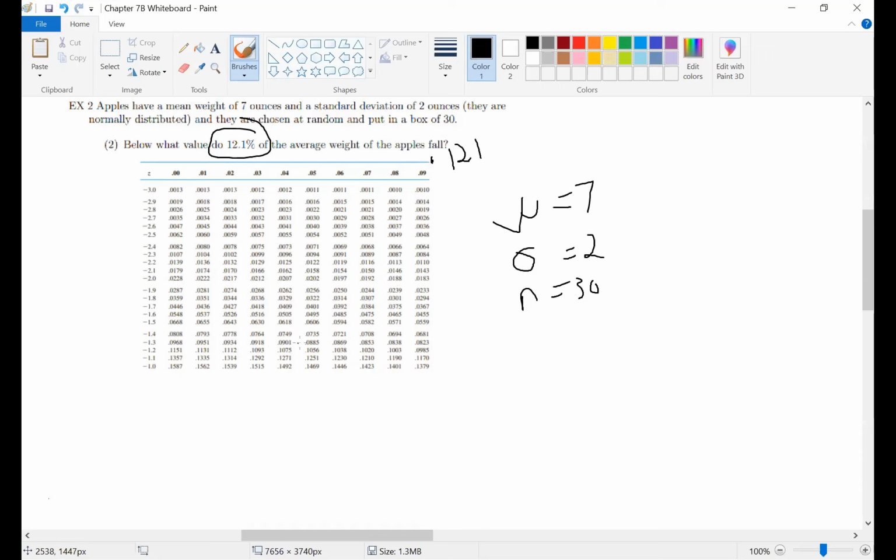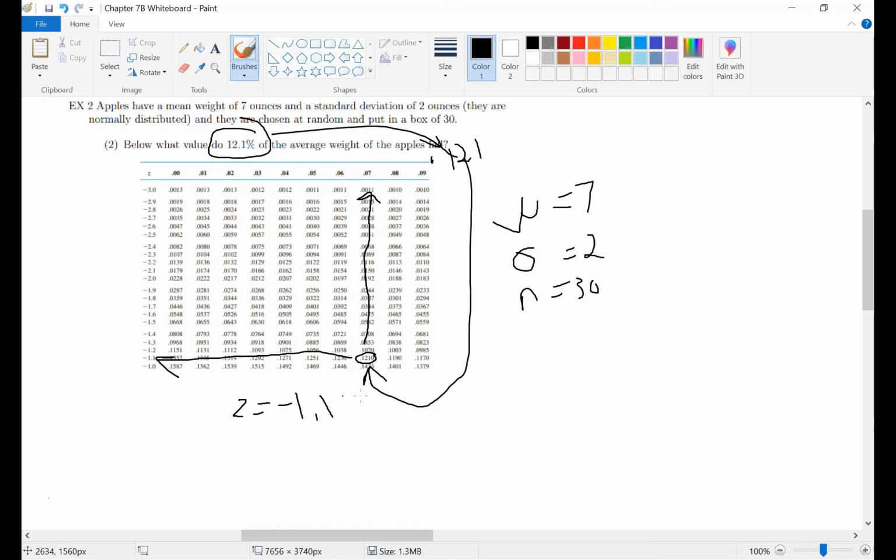Where is it? There we go. 0.121 is right there. Now we need to find the z-score for that. And that we have the negative 1.1 and the 0.07. So our z-score is negative 1.17.